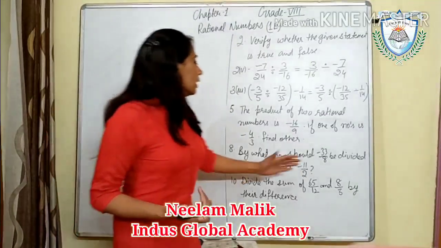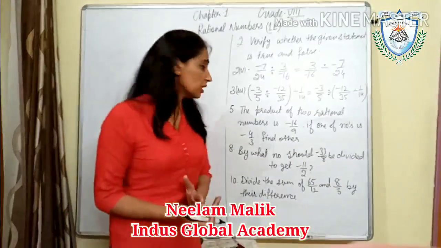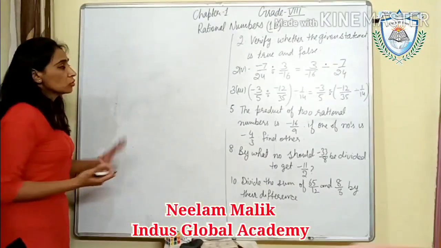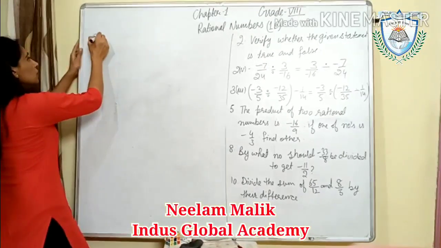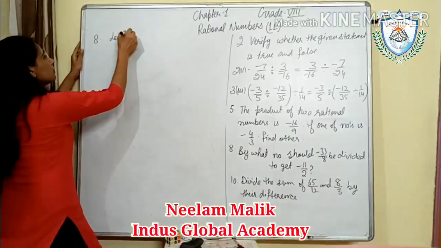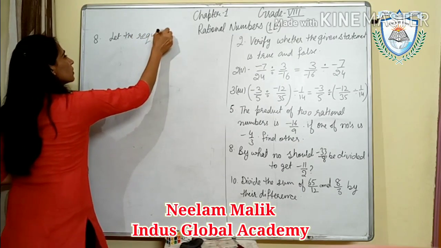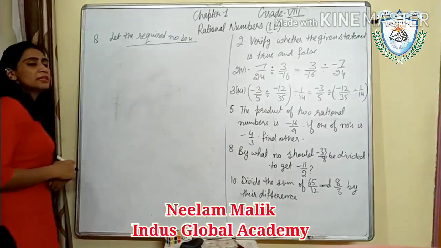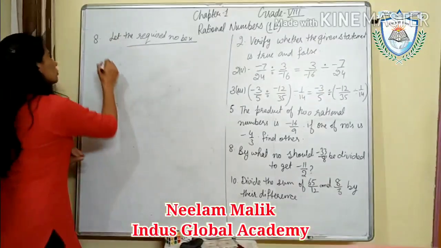Means by which number should we divide minus 33 upon 8 so that we can get minus 11 upon 2? So here we will let our required number, this is question number 8. Let the required number be x. Okay. Let the required number be x. So now ATQ.